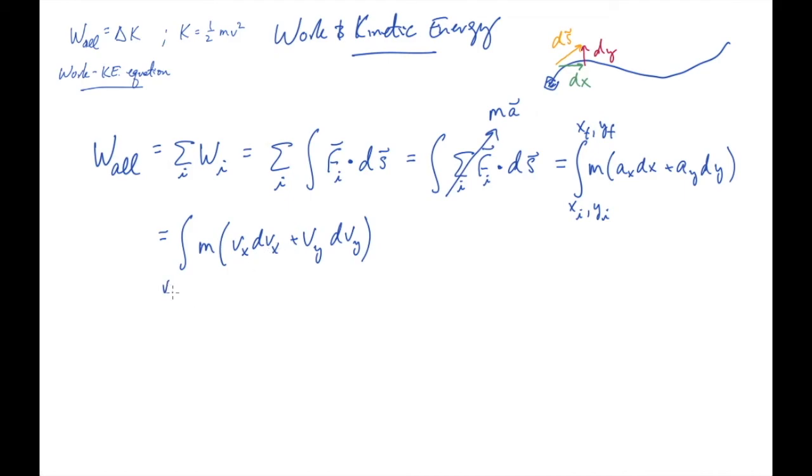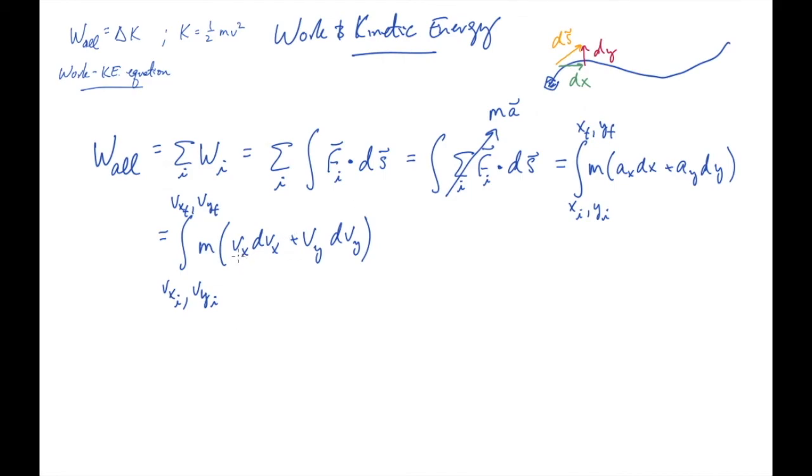So I'm going to integrate over the initial x component of velocity and y component of velocity, and I'm going to integrate all the way until the final. So find the initial x component of velocity here and y component. Every step along the way, take those velocity components, integrating all the way until we have the velocity components at the end.